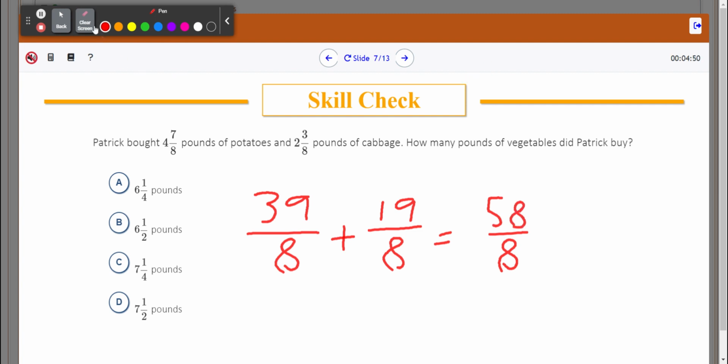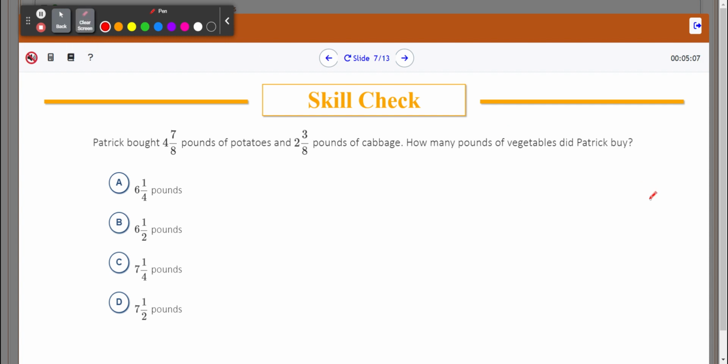Now, I hope you watched the video, because we have to convert it back to a mixed number. Now we have an improper fraction and we need to convert it back. If not, I highly recommend you go watch it. So 8 goes into 58. Remember, fractions are just division problems.